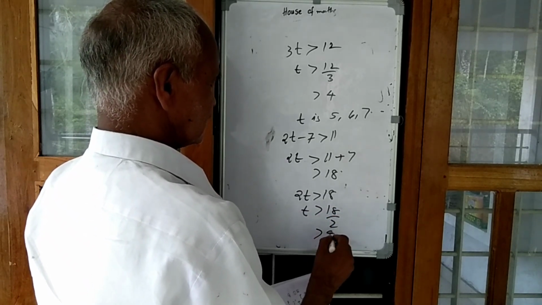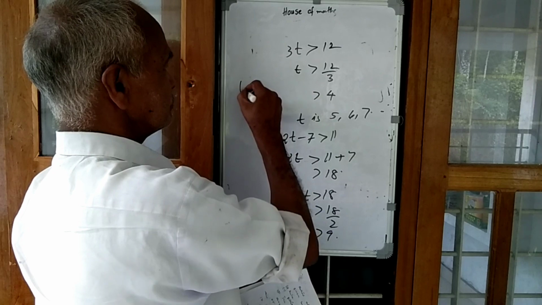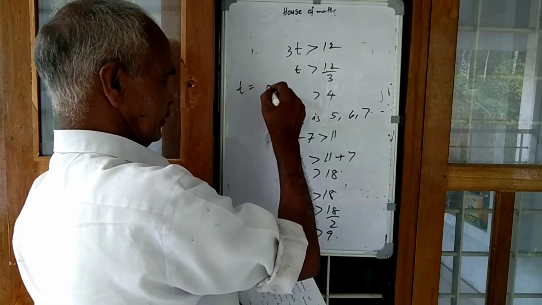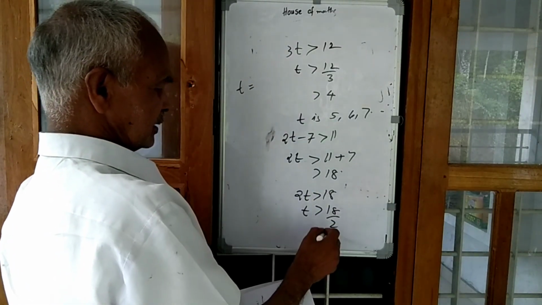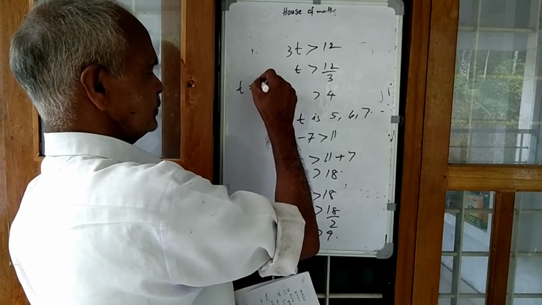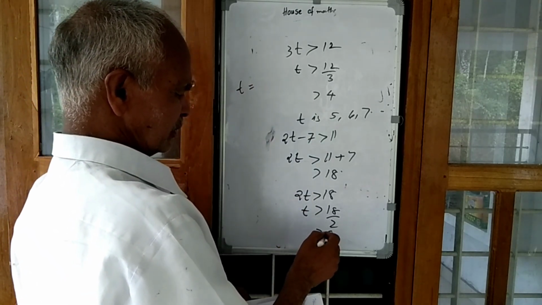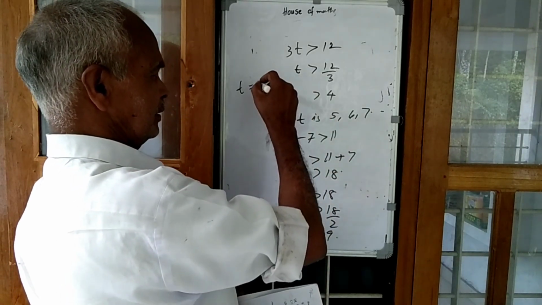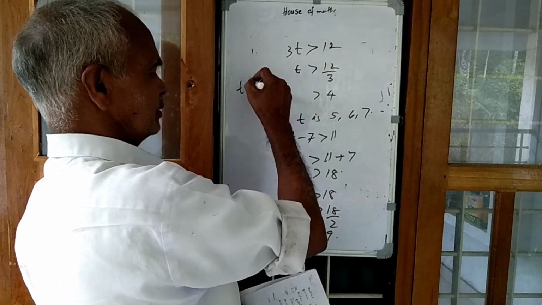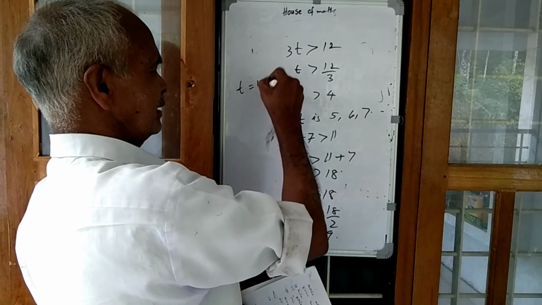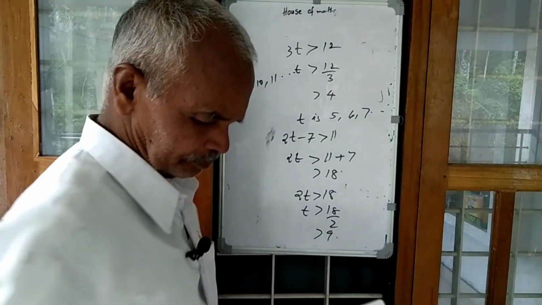That is, t is greater than 9. Therefore, the expected values of t are all the integers greater than 9. Then we know that t is 10, 11, etc.